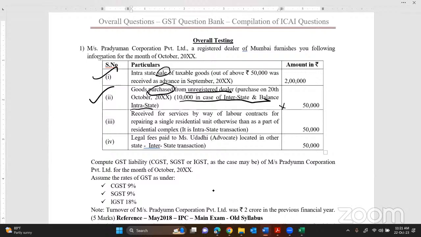Point number 3. Received for. When I say received for, this is an outward supply. Received for the service.